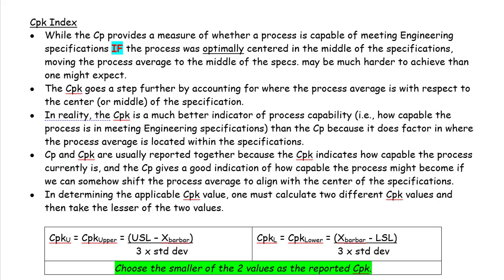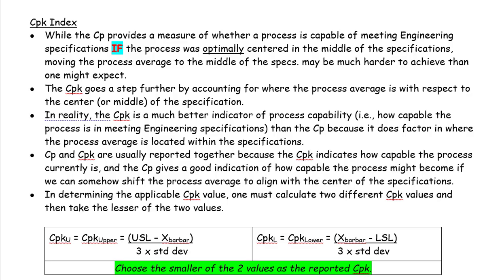The CPK goes a step further by accounting for where the process average is with respect to the center or middle of the specification. In reality, the CPK is a much better indicator of process capability, how capable the process is in meeting engineering specifications, than the CP because it does factor in where the process average is located within the specifications.